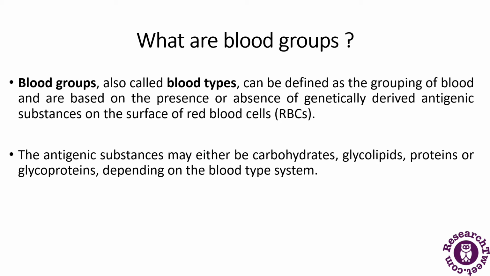The antigenic substances can be carbohydrates, glycolipids, proteins, or glycoproteins, depending on the blood group system. Some of these antigens are also present on the surface of other types of cells of various tissues. Several of these red blood cell surface antigens can stem from one allele and collectively form a blood group system.